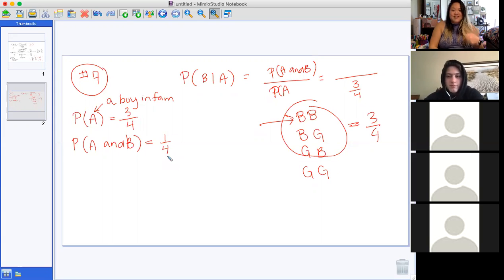Yeah. Caroline, yes. So that's because that's the only way that we can have both of them be boys, but also still have a boy in the family, right? There's only one way. So 1/4 will be in the numerator. And then when we simplify, 1/4 times 4/3, that's how we end up with 1/3.